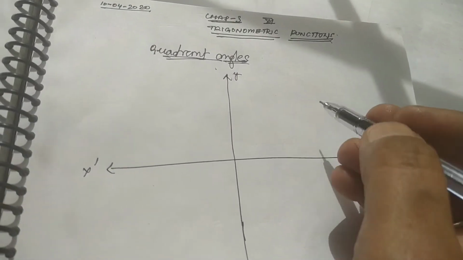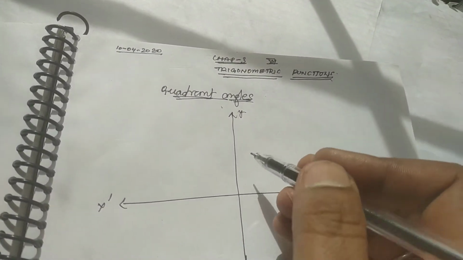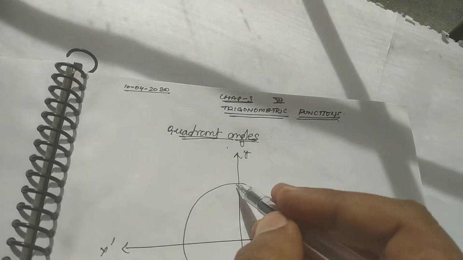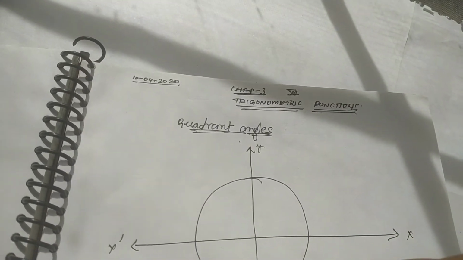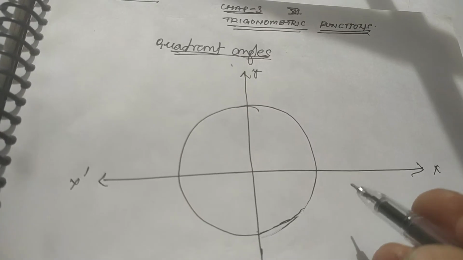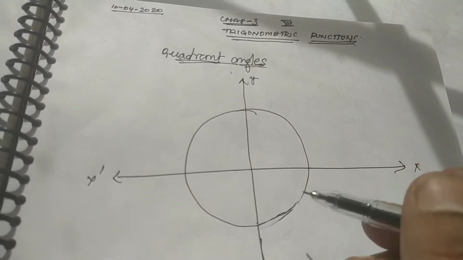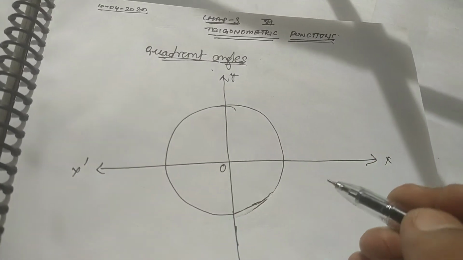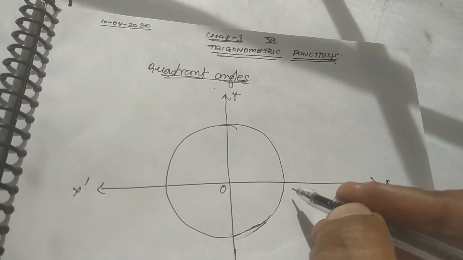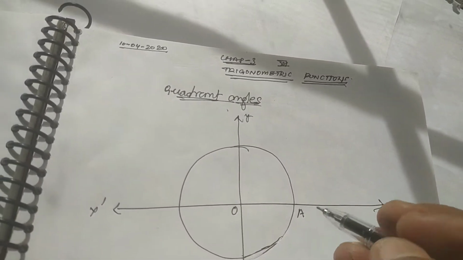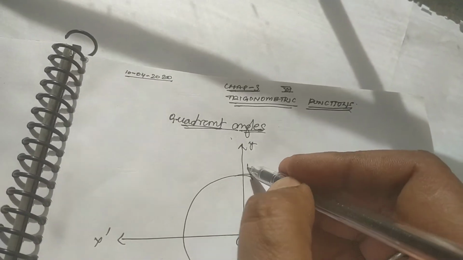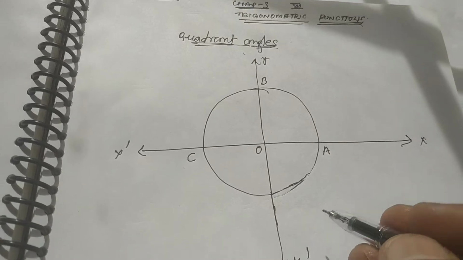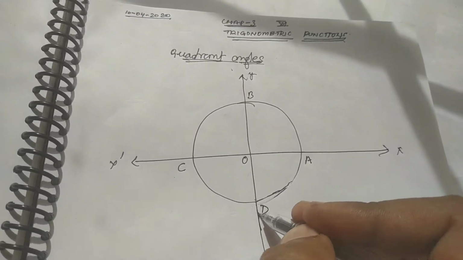Draw a unit circle of radius 1 unit. The circle intersects the x-axis at A, the y-axis at B, the x dash axis at C, and the y dash axis at D.